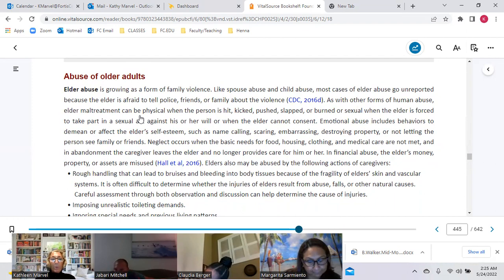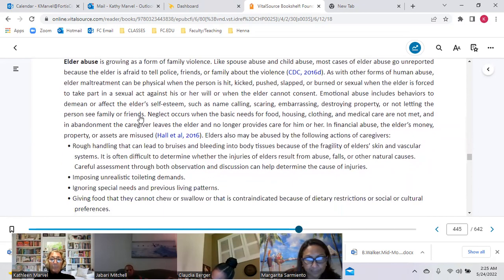We have to be familiar with elder abuse, right? It's a form of family violence, right? And like child abuse and spouse abuse, most cases of elder abuse go unreported because the elder person is afraid to tell police, friends, or family about the violence. Why? Because maybe they'll be shut off from care. Maybe they'll be isolated. Maybe they'll be further punished, right?